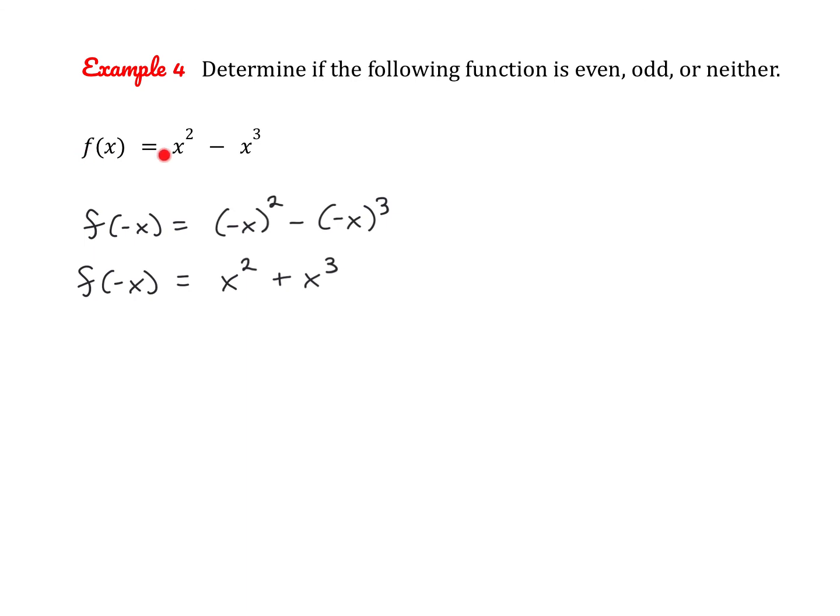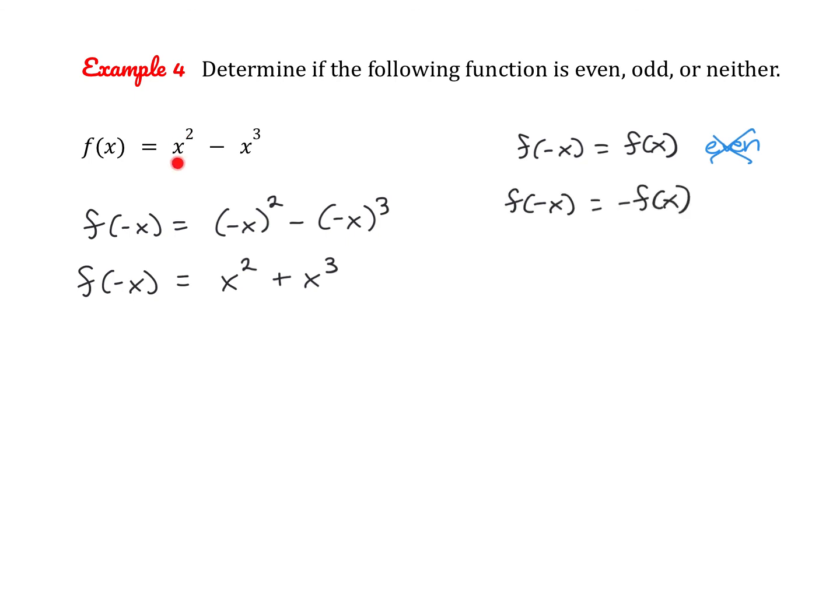So let's compare our original function to what we have here. By definition, if f of negative x gives you f of x, it would be even. This is to see if it is even. When we plug in f of negative x, it is not the same as our original function. So we would say, okay, this is not even. And then by definition, for odd, again, if we plug in the negative, it should give you the exact opposite of the entire function.